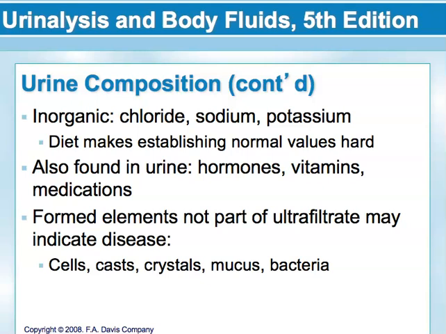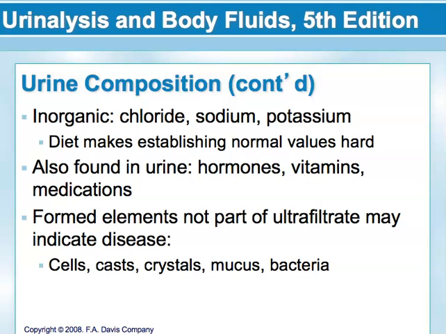The major inorganic solid dissolved in urine is chloride, followed by sodium and potassium. Dietary intake greatly influences the amounts of these compounds found in urine, which makes establishing normal values very difficult because there can be so much variation.